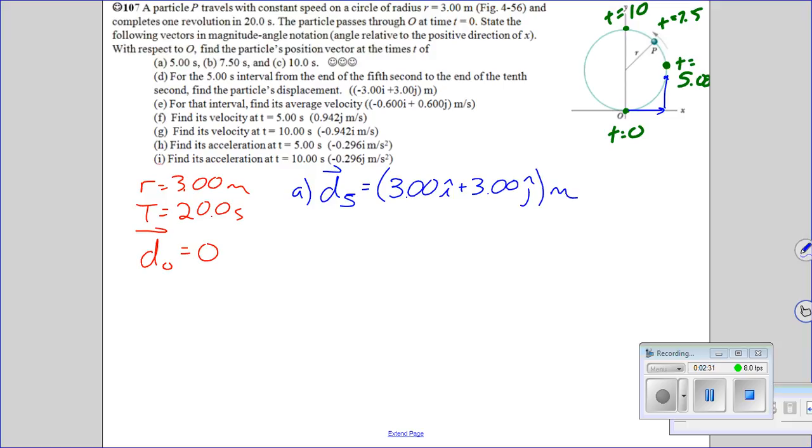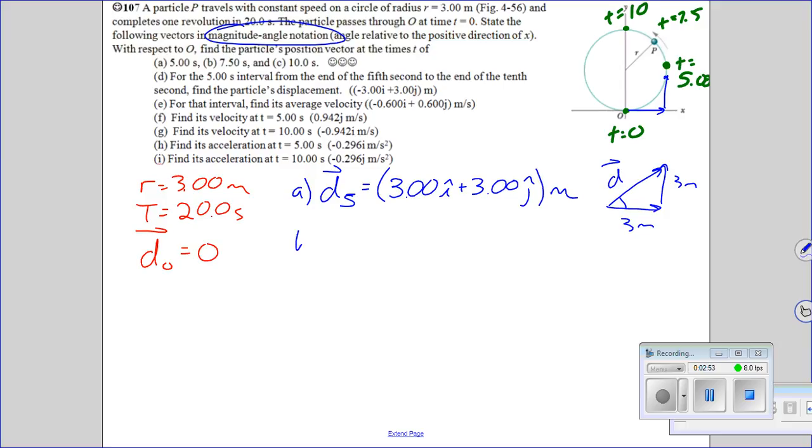Now the problem does ask for magnitude-angle notation. I'm going to assume that you can convert this, because that just means 3 meters this way, 3 meters this way. Here's our displacement vector and the angle. I really wish they'd asked for it in unit vector notation, because I know you guys can do that.